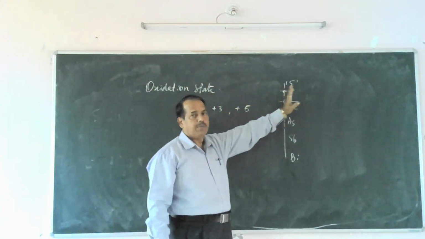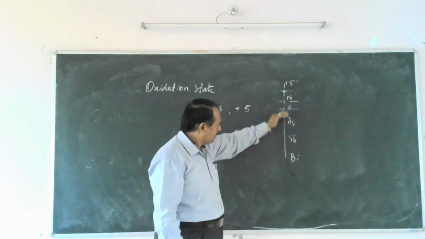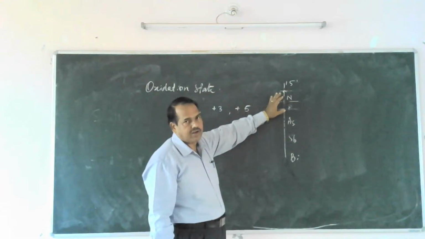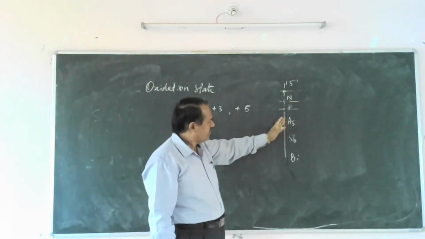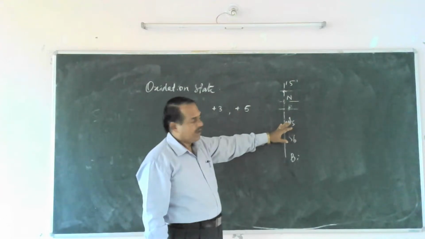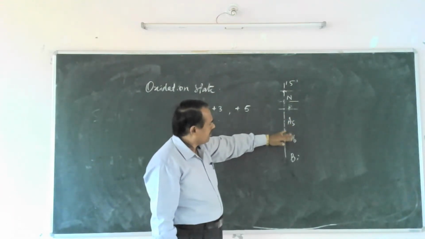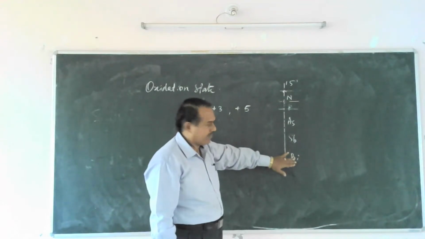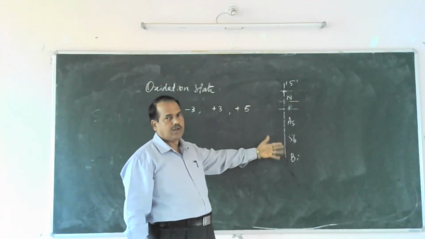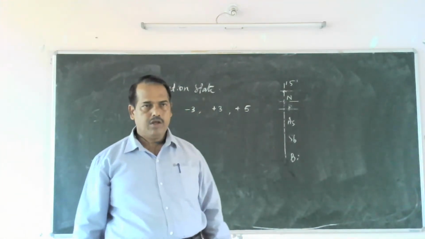Nitrogen can show variable oxidation states, but as you come down the group, the negative oxidation state decreases and the positive oxidation state increases. For arsenic, antimony, bismuth, the +3 oxidation state becomes more stable, due to the inert pair effect.